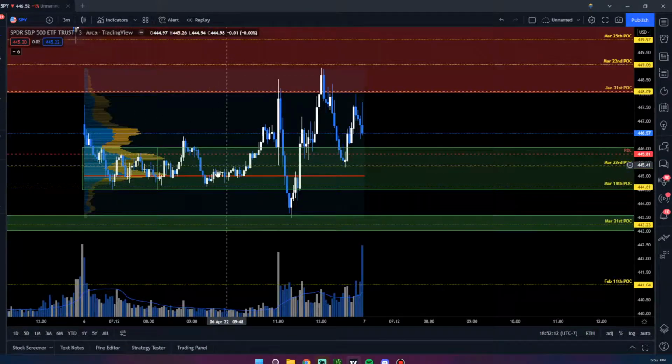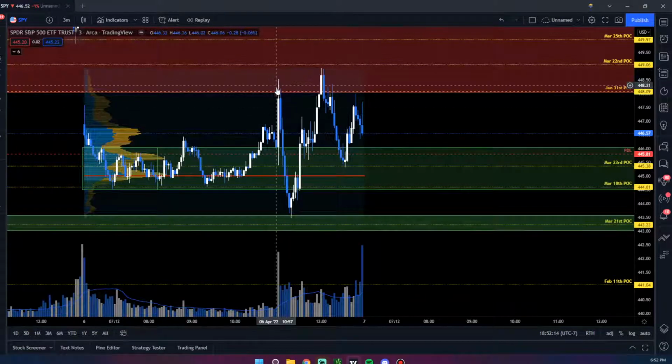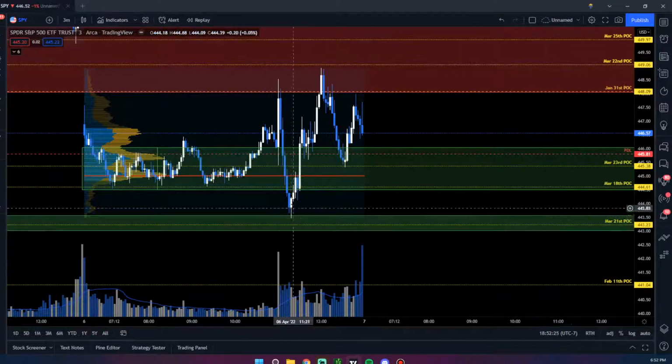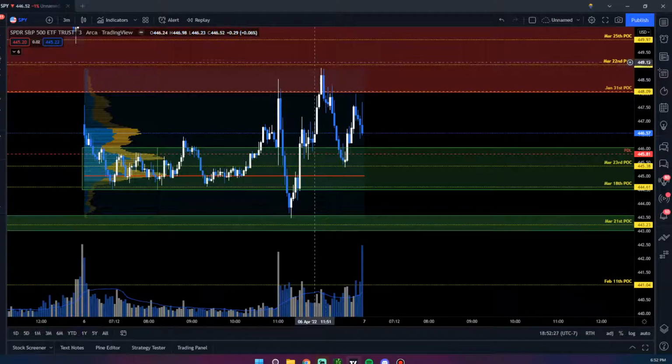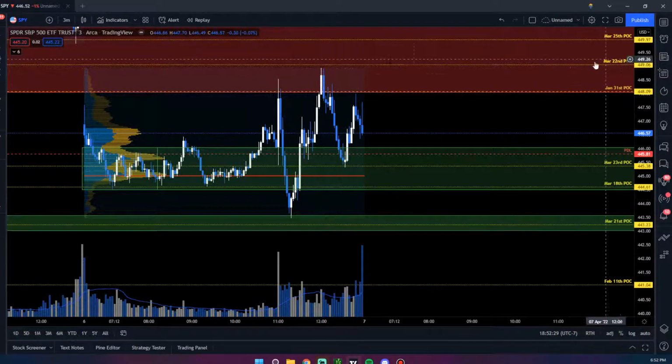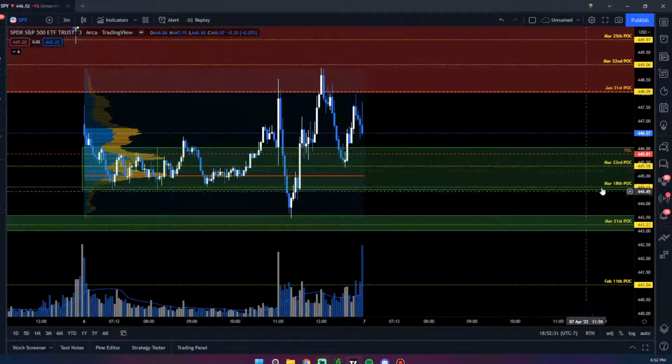And at open, if you grab puts when we rejected this January 31st POC, you got paid. If you took calls when we bounced from the March 21st POC, you got paid. If you took puts when we rejected the March 22nd POC, boom, you get paid.